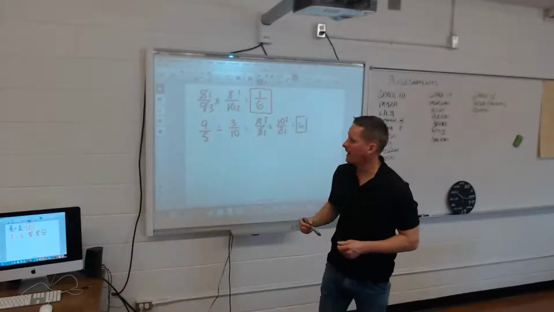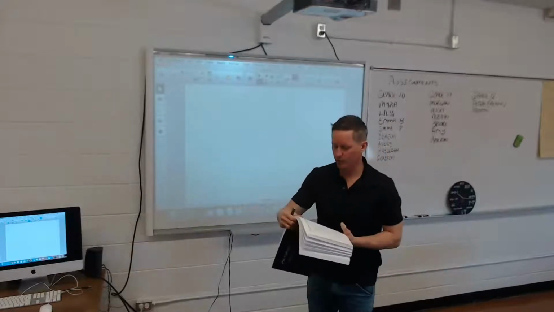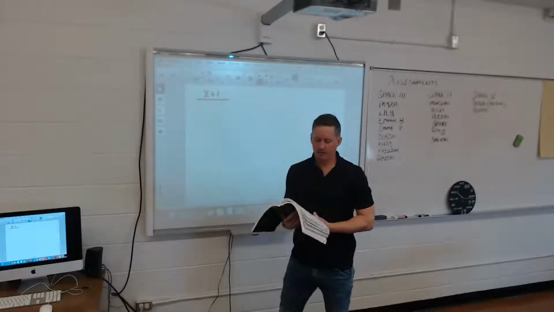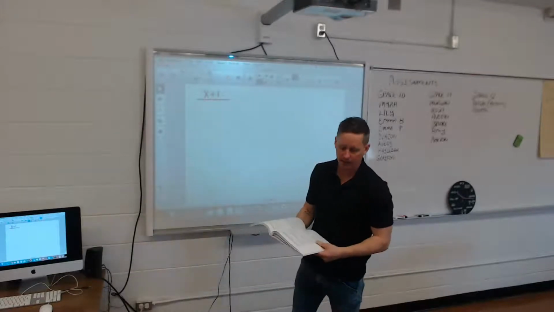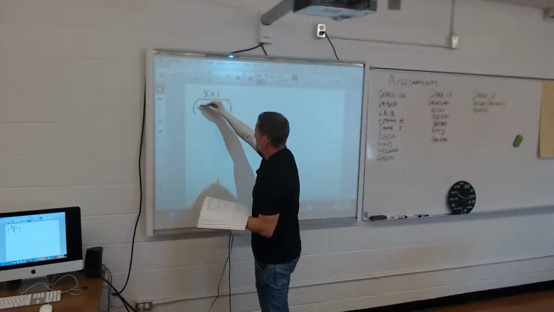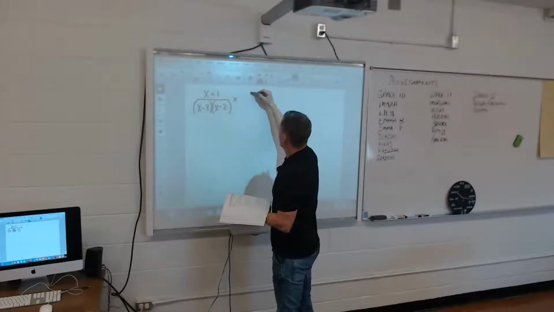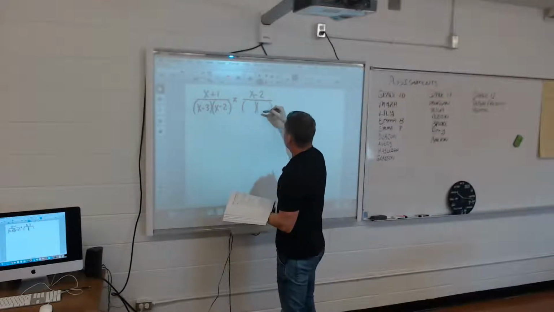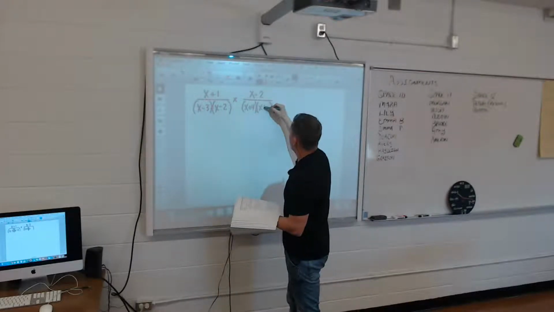Okay, those are the easy ones. Now let's look at a polynomial expression. I've got x plus 1 over. When I'm writing these out, I'm instantly factoring, because I want to get these to lowest terms as quickly as possible. The bottom one is going to factor: bracket x and x, then minus 3, minus x minus 2, bracket x and x, then plus 4, plus 1.